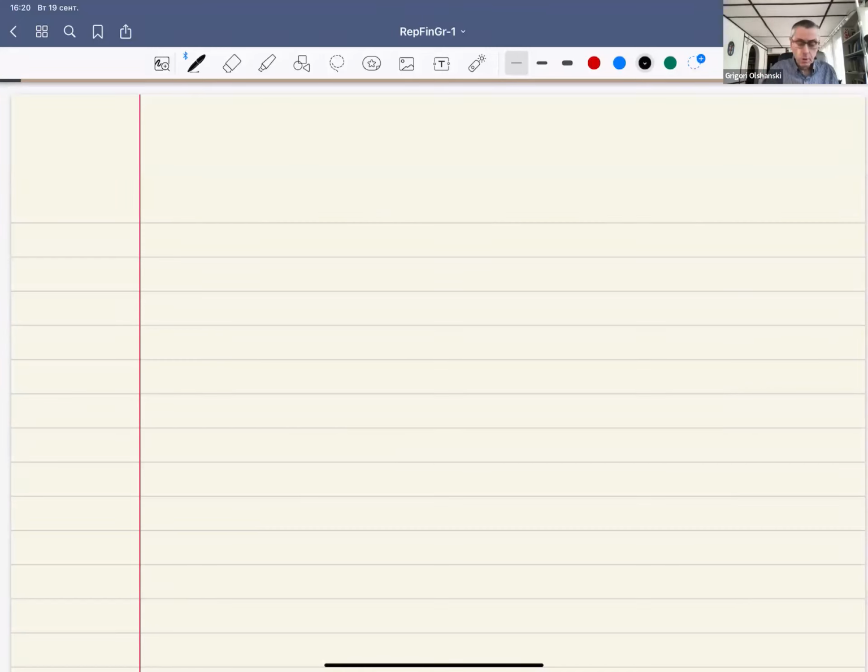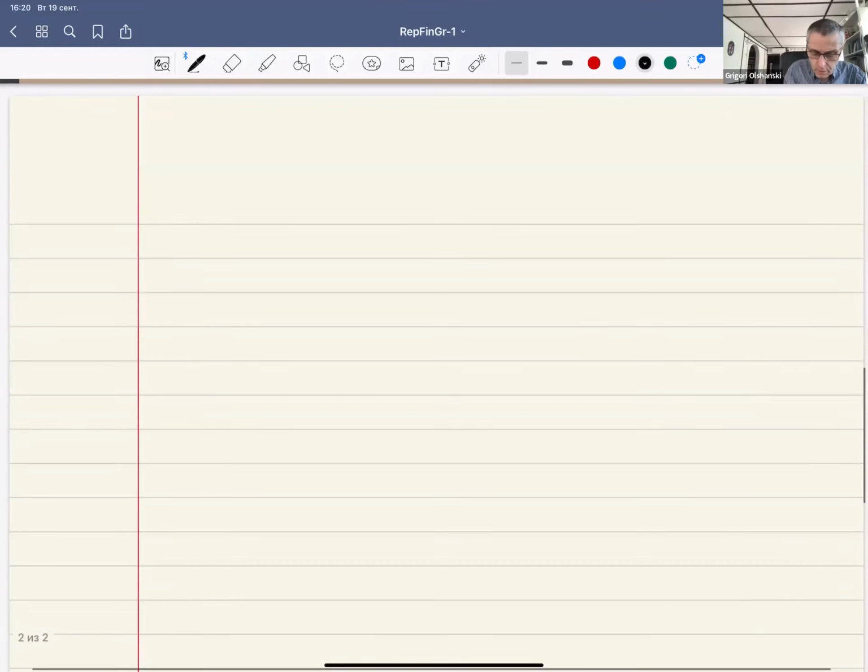So first of all, the base field is the field of complex numbers. And my notation usually will be as follows. G or H will denote some finite groups.